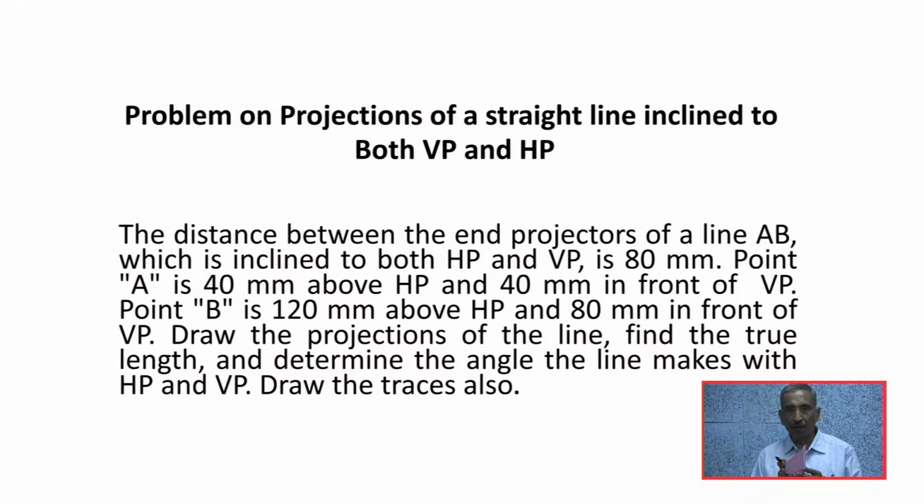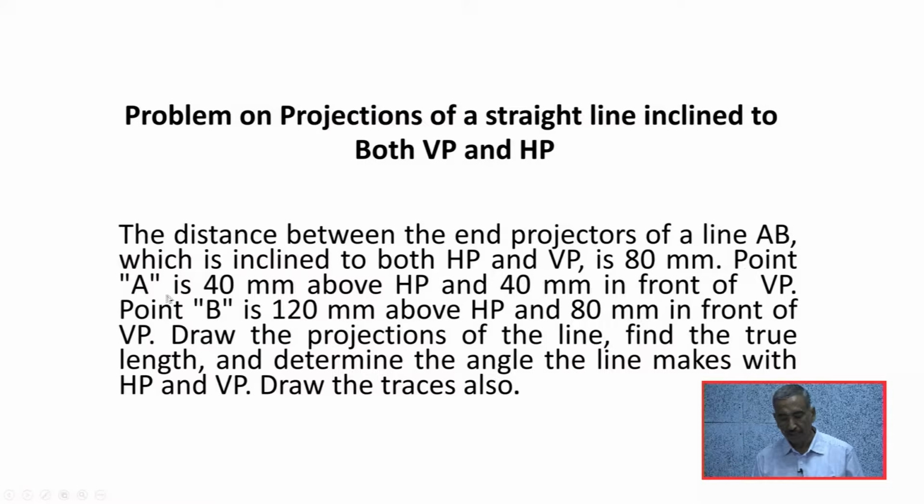To make this model, we will be explaining you the complete concept with the help of drawing. We also will be showing you how to make this model. The problem is: the distance between the end projectors of a line AB which is inclined to both HP and VP is 80 mm.